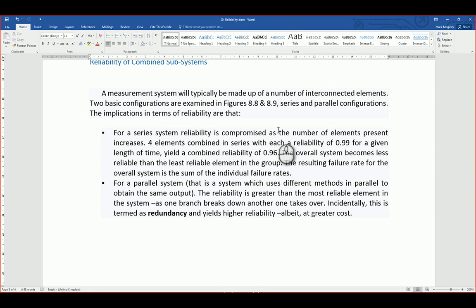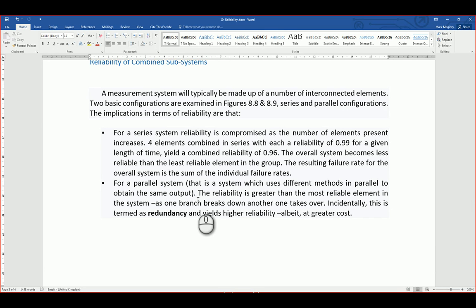Then for a parallel system, that's a system which uses different methods in parallel to obtain the same output. For instance, you might have a system that incorporates two measurement systems, for instance 2 thermometer readings that are able to display voltages through to the rest of the system. Just in case one goes down, it helps with a thing called redundancy. If one of them goes down, the system as a whole still operates for a longer period of time. This might happen if you have a part of the system that can't be made overly reliable.